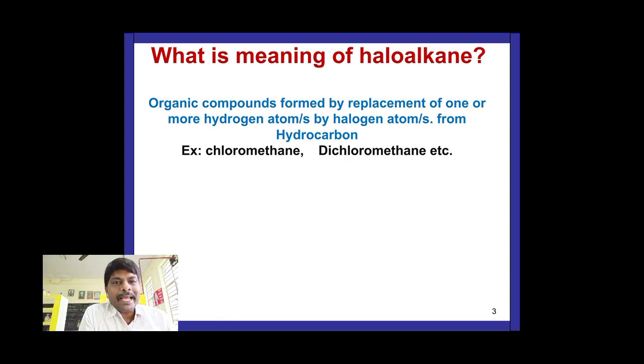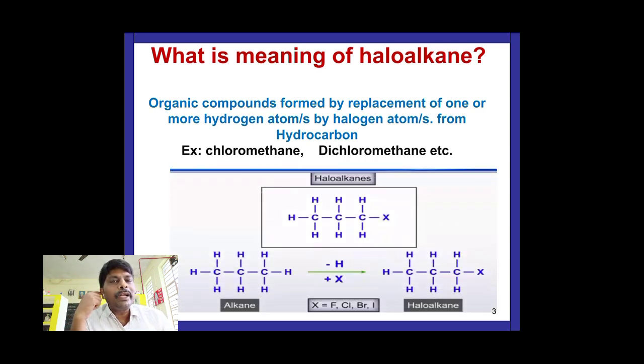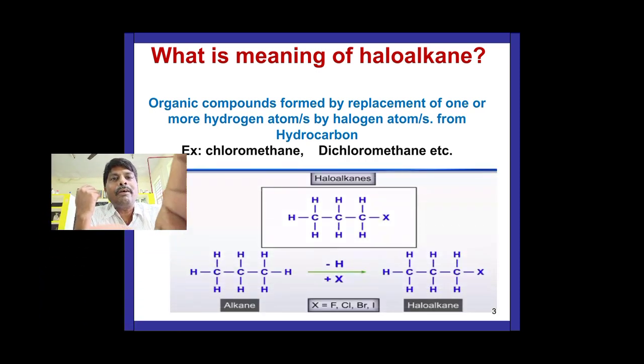You take methane. In methane, C is attached with 4 hydrogens, CH4. If one H is replaced by Cl, then it is called chloromethane. In the second example, dichloromethane: in methane, C is attached with 4 hydrogens. If 2 hydrogens are replaced by 2 chlorines, then it is called dichloromethane.